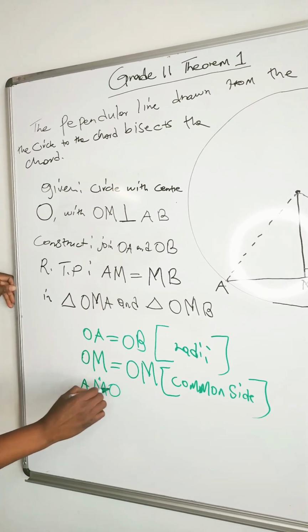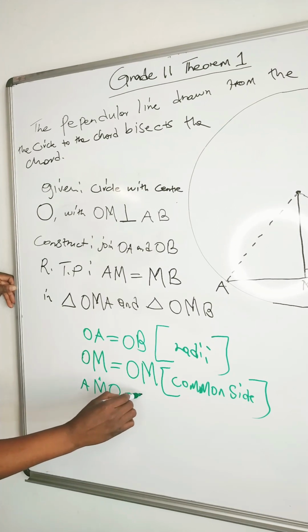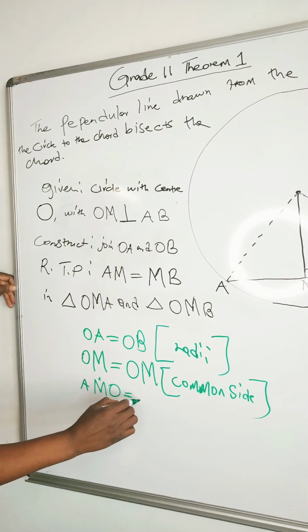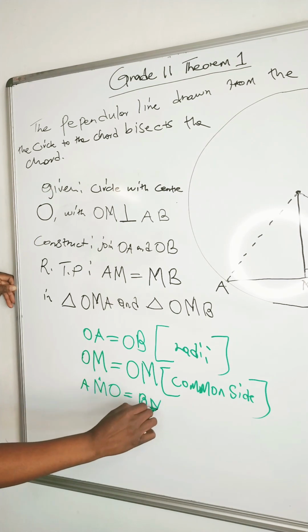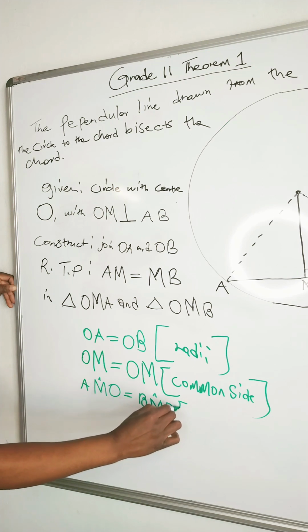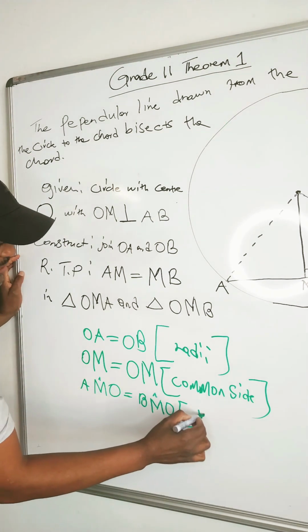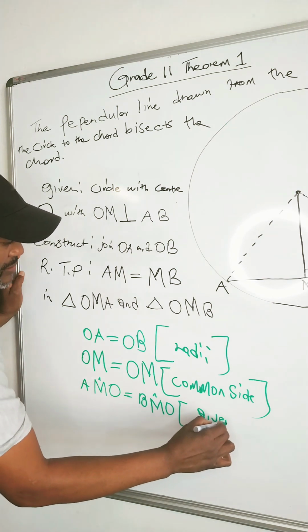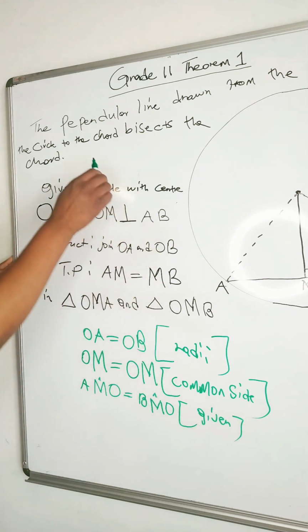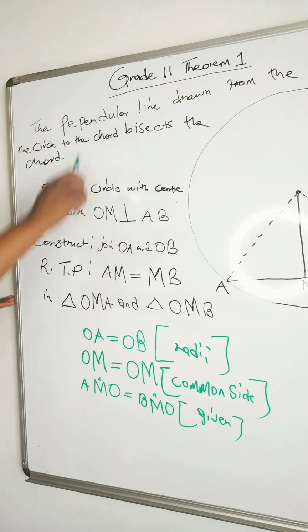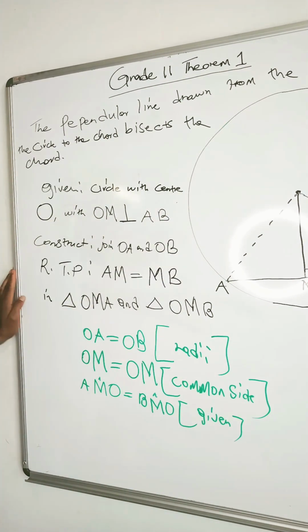AMO is equal to angle BMO. What is the reason? We are given, this one is a given statement. From the statement above, we are told that it's a perpendicular line, so we just have to write given.